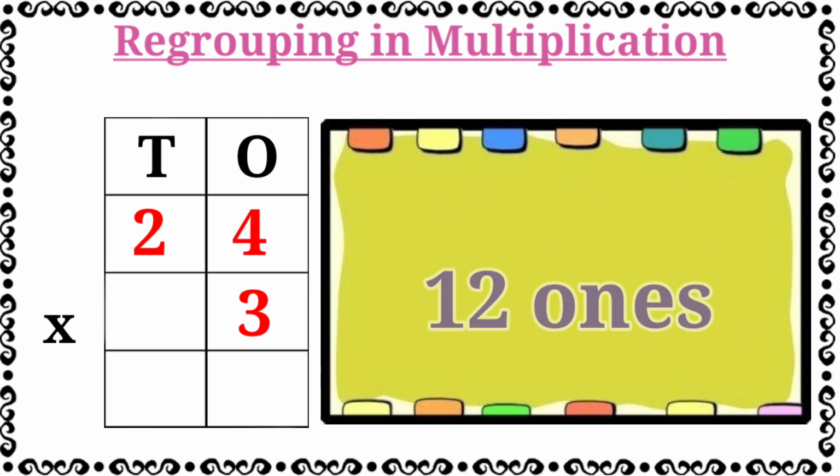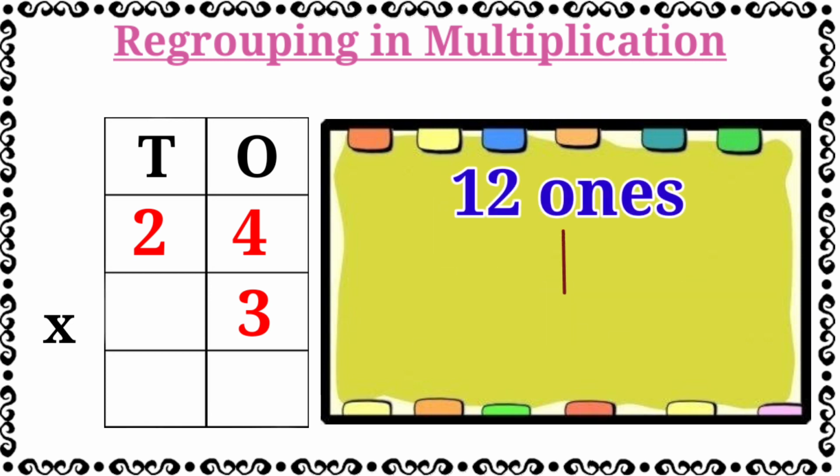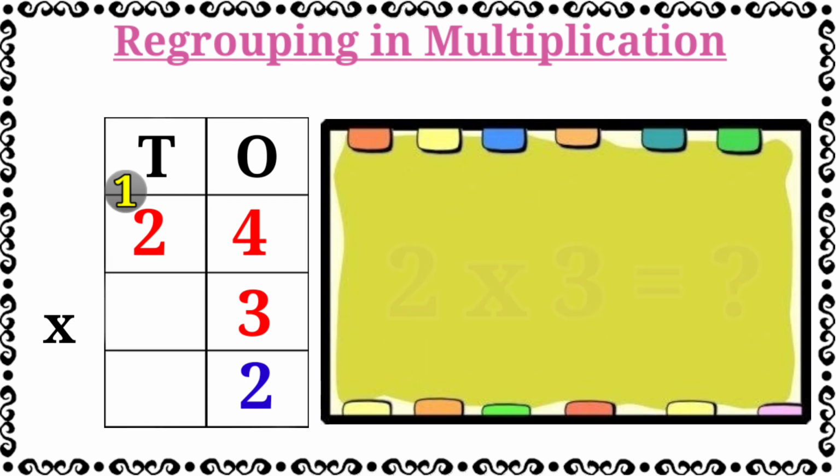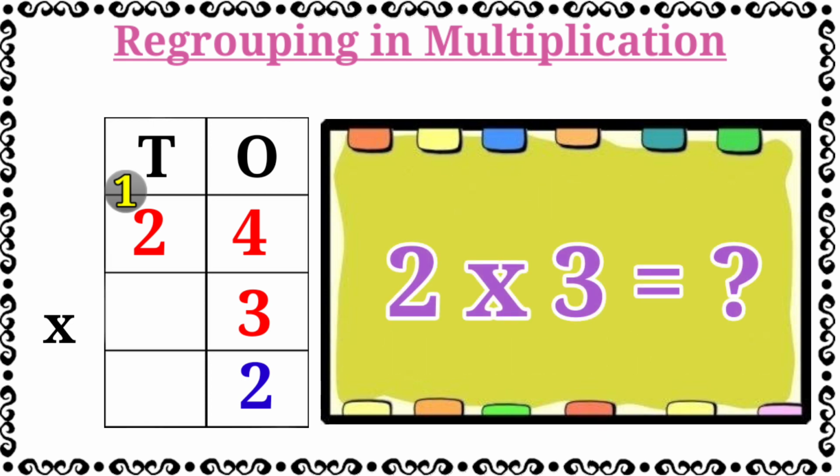Here 12 ones. We know that 12 ones is the same as 1 ten and 2 ones. Let's write the number 2 in the ones column. Then carry over 1 in the tens column. Now we have to multiply 2 into 3.